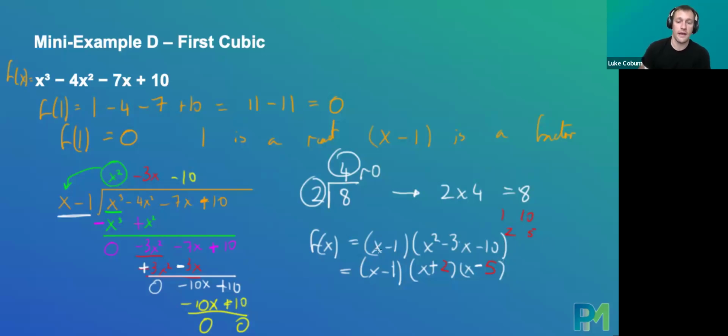Okay? And now we've factorized the cubic. What we did was we started with a cubic, we got down to factorizing a quadratic, and then we could apply the previous method. So what we've done is we've taken this larger problem and we've broken it down into a bunch of steps. In this process, following this algorithm, we take the leading term, we find the number here, multiply by the x, get the next line.